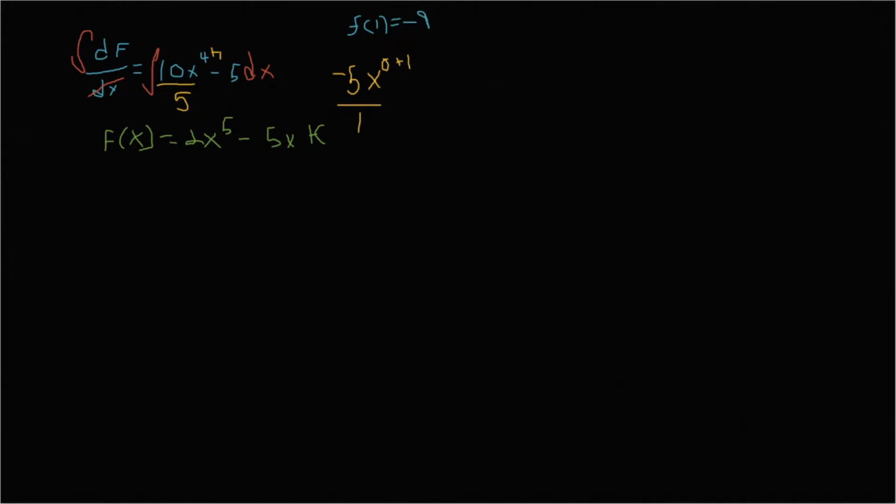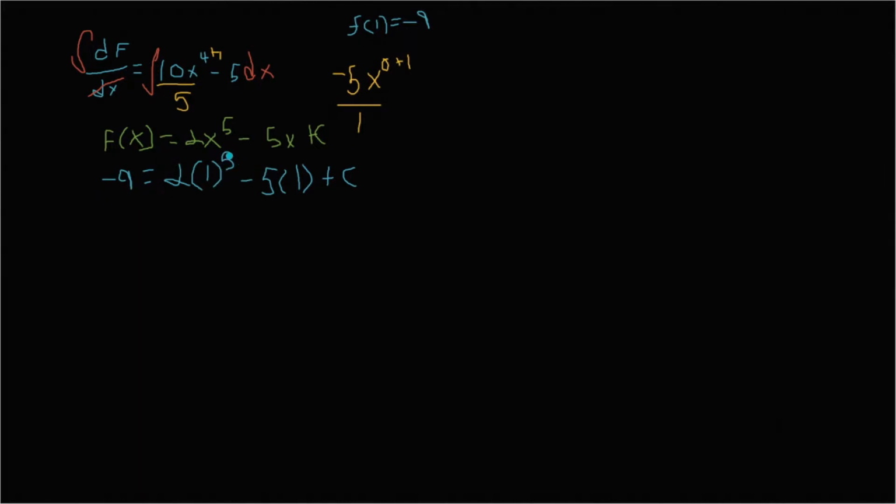So that's exactly what I'm going to do. I'm going to set negative 9 equal to 2 times 1 to the 5th minus 5 times 1 plus c. And then we're going to solve for the c value.